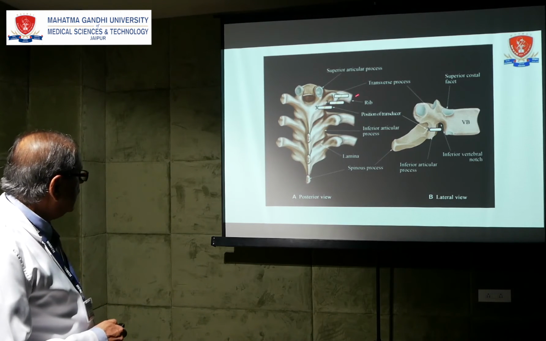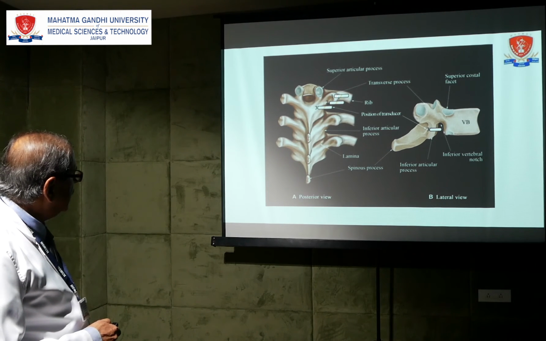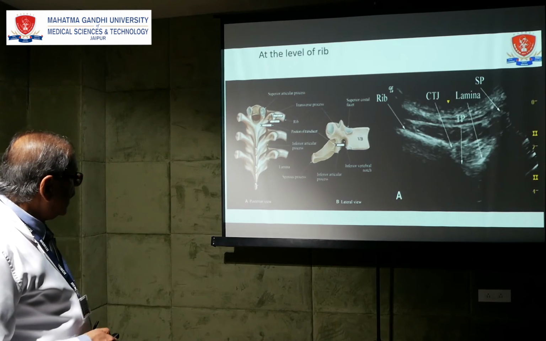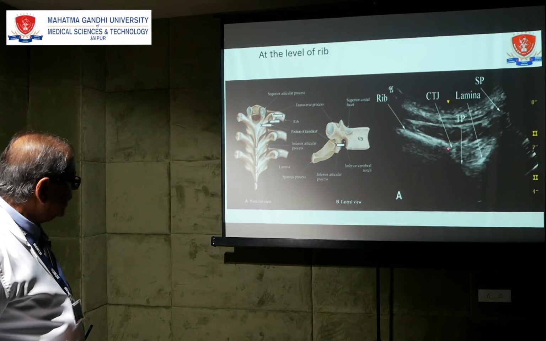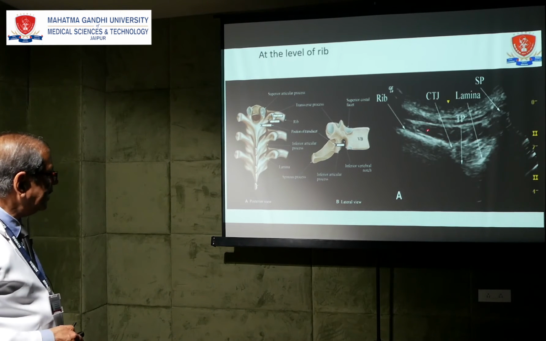This is transverse placement at the level of transverse process, lamina, coming closer here, and at the level of ribs, this is how you see the image.